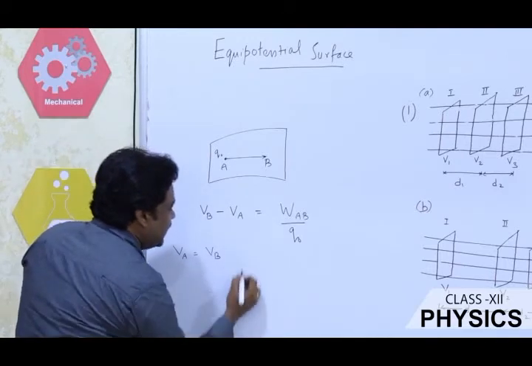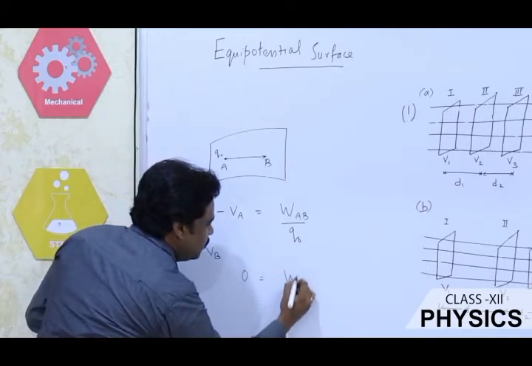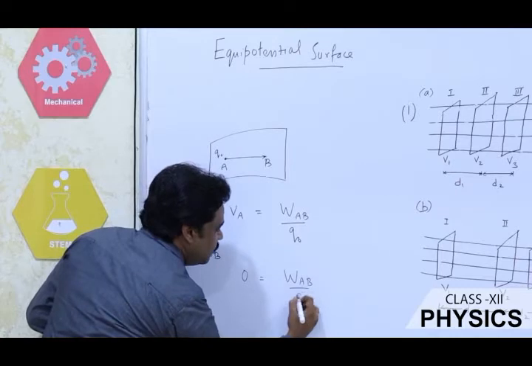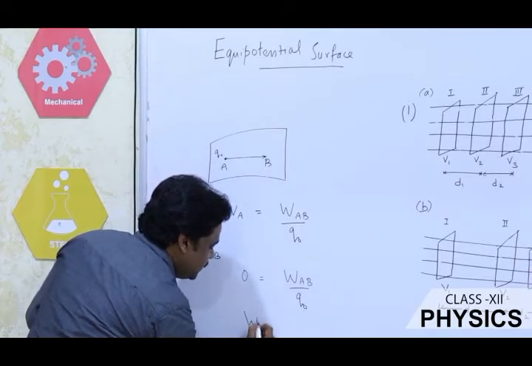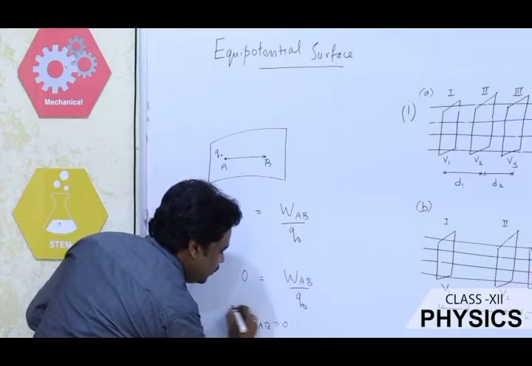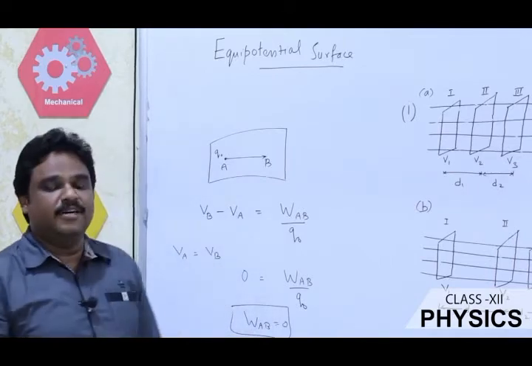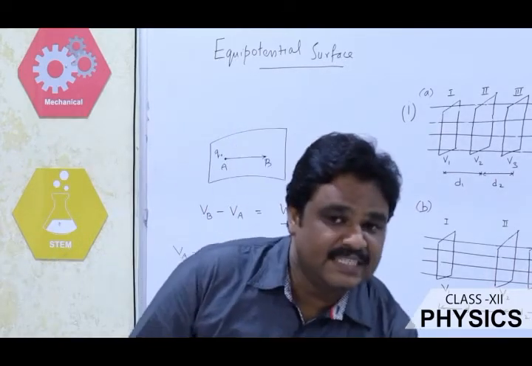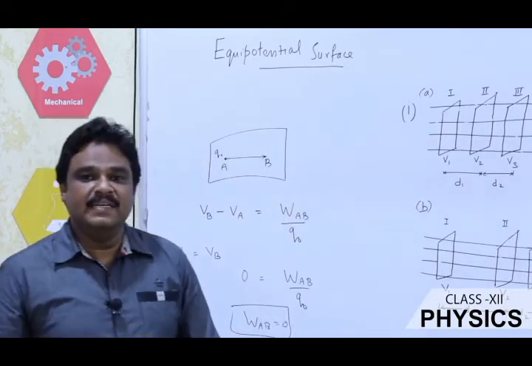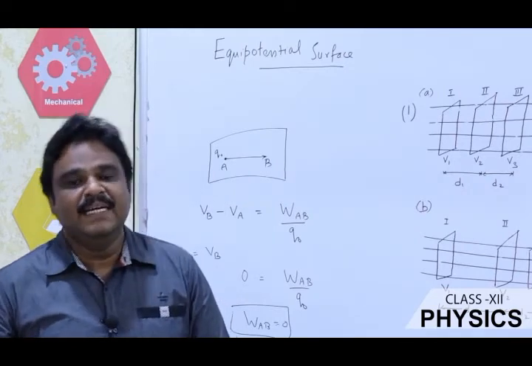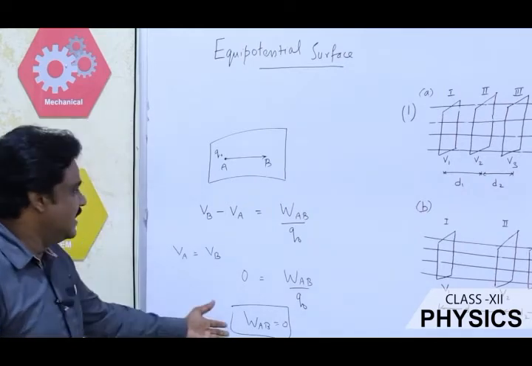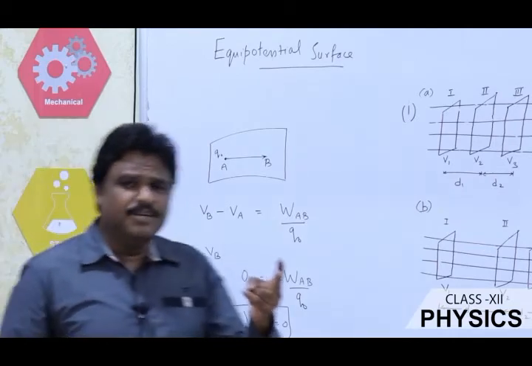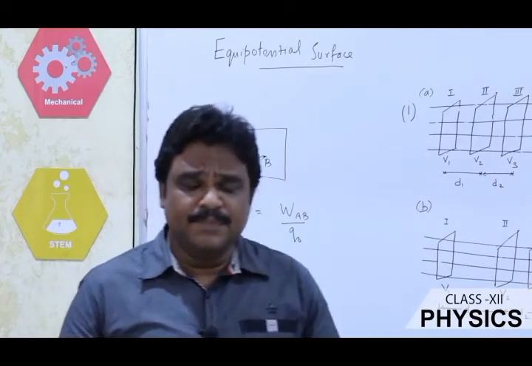So VB minus VA is 0, which means W_AB by Q0 is 0, and this leads to W_AB equal to 0. This is the first property: no work is done in moving a test charge over an equipotential surface.